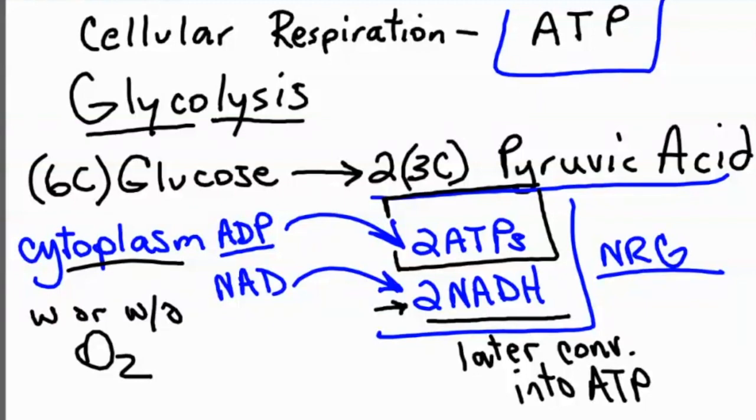This, breaking down 1 glucose to get 2 ATPs, that is very low on the energy scale, all right? You're gonna eat a piece of pizza that has a lot of glucoses in it, a lot of protein, a lot of fat, a lot of carbohydrates, and you're gonna get a lot of these. So we eat a lot of food because we need a lot of energy. Okay? So fancy name for a process that does not need oxygen.